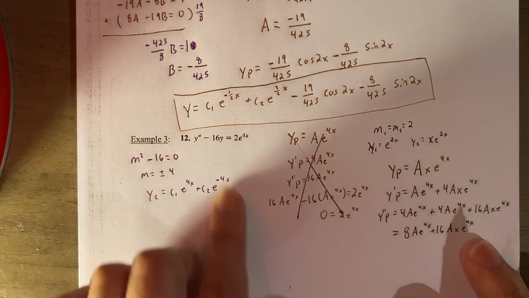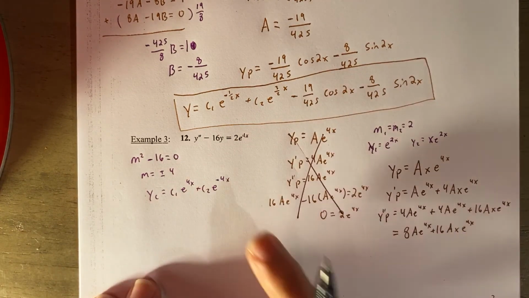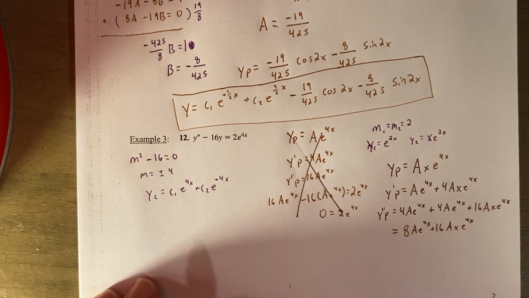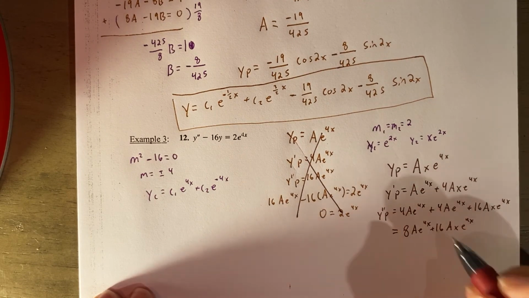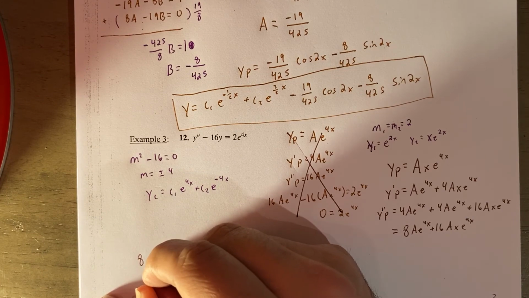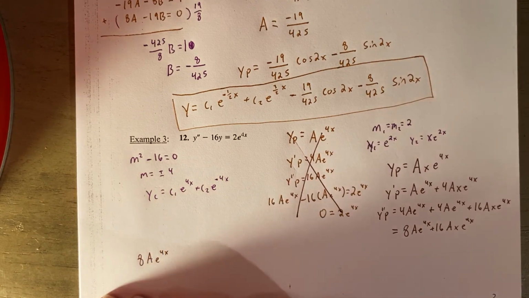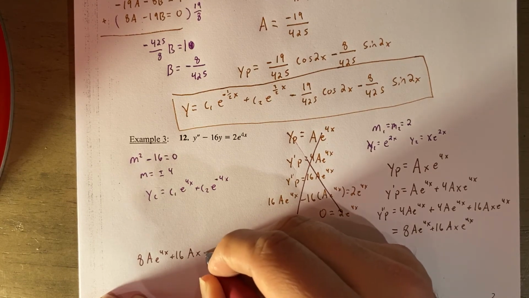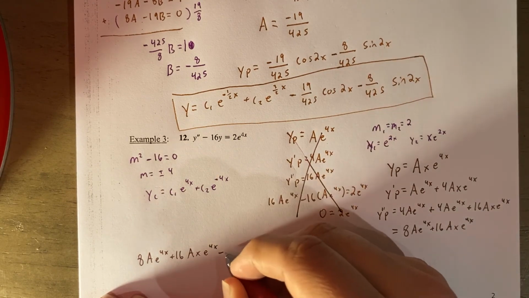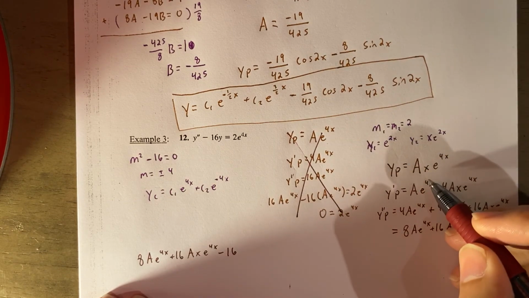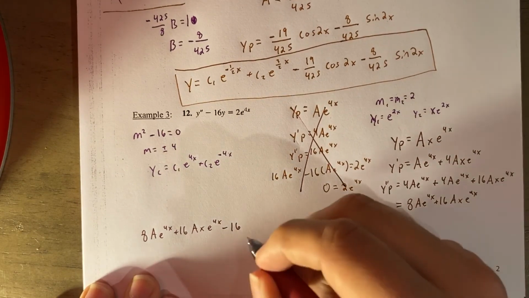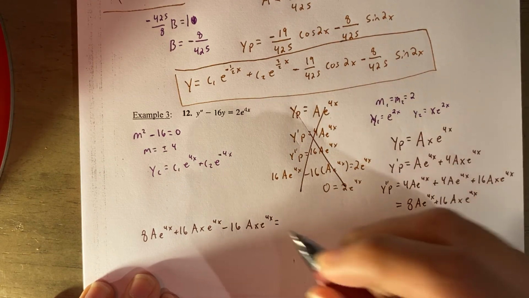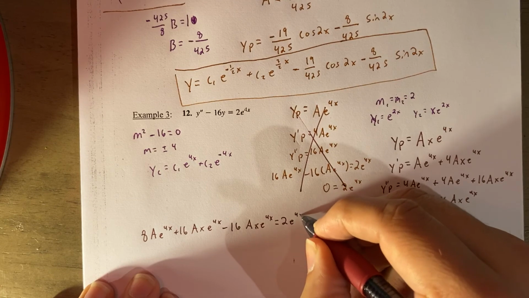And now we're going to set it equal to our 2e to the 4x. So we plug back into y double prime: 8a e to the 4x plus 16a x e to the 4x, minus 16y, which is a x e to the 4x, and that should equal 2e to the 4x.